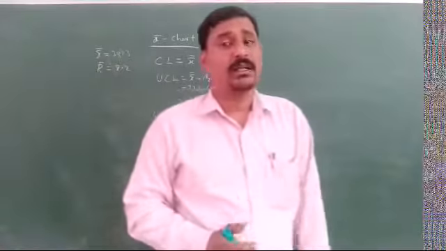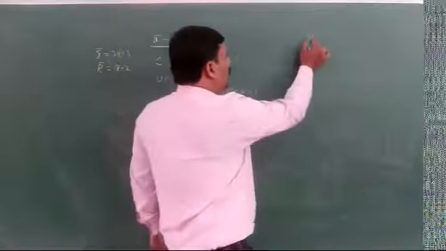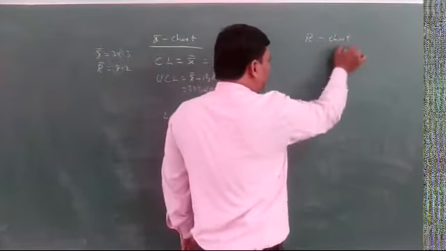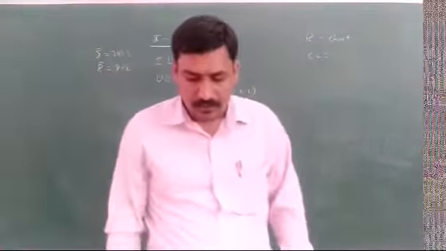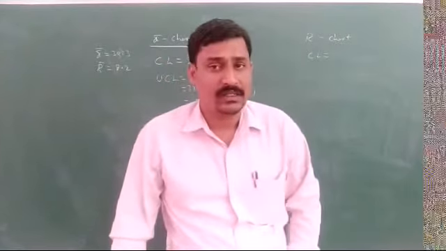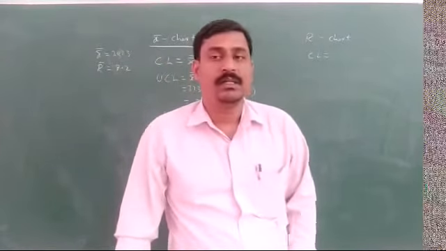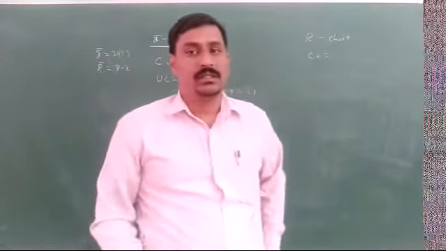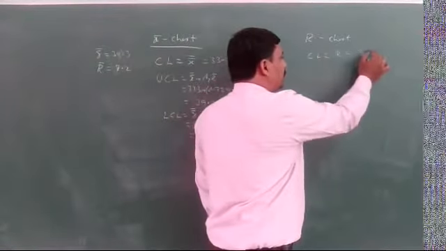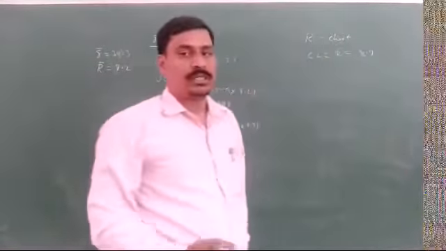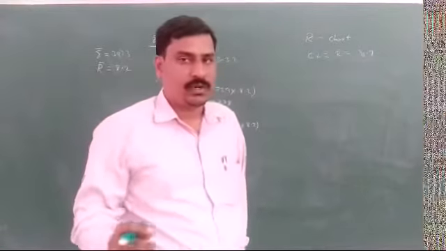Next, for the R chart, the central line. The central line for the R chart when standards are not given is nothing but the average of ranges. That is R bar itself. R bar is 8.2, so the central line for the R chart is 8.2.